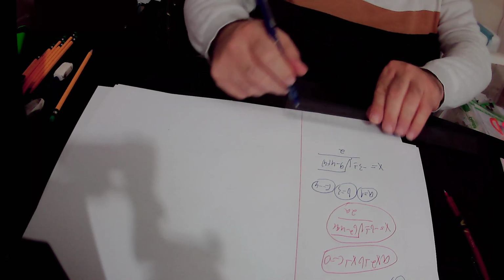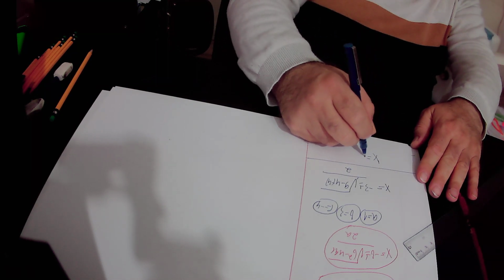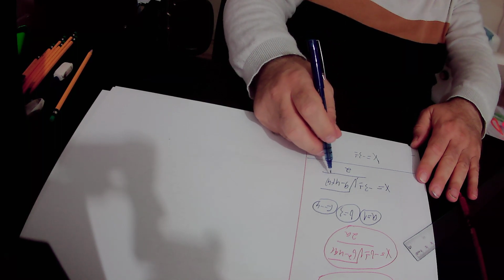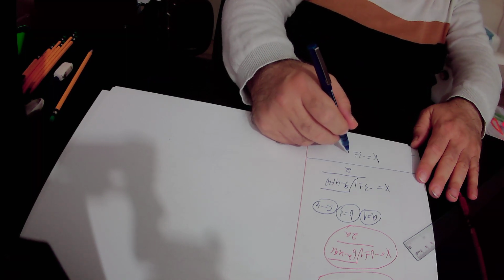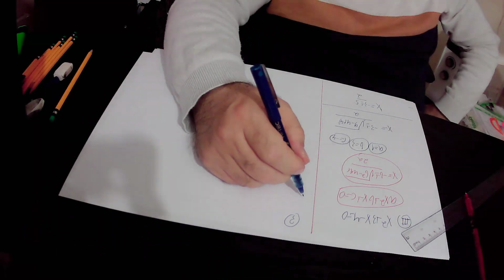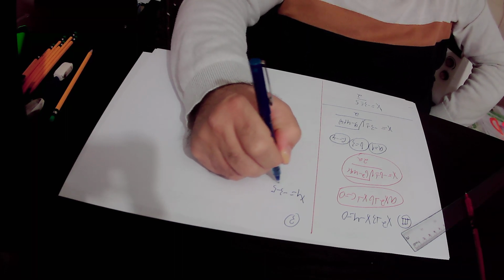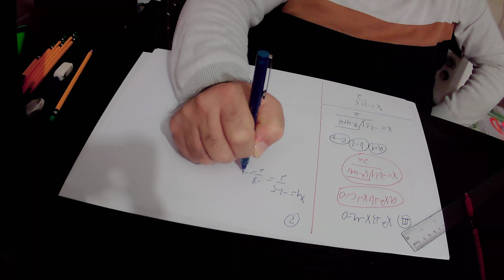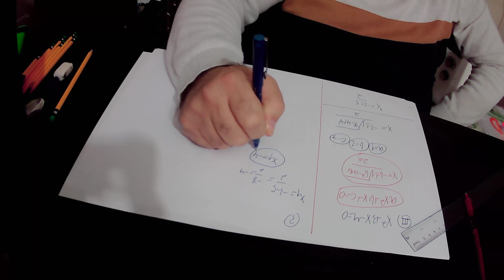So x is equal to minus 3 plus or minus the square root of 16 plus 9, which is 25, and the square root of 25 is 5, over 2. So here we have two possible solutions for x. The first solution, x1, is equal to minus 3 minus 5 over 2, minus 8 over 2, which is minus 4. So x1 equals minus 4.